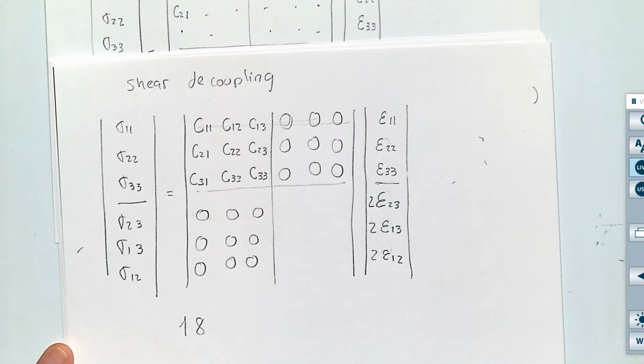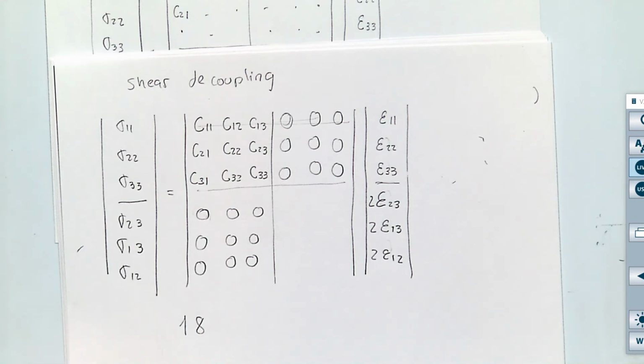I don't understand because previously we said at first we had 81 coefficients, right?